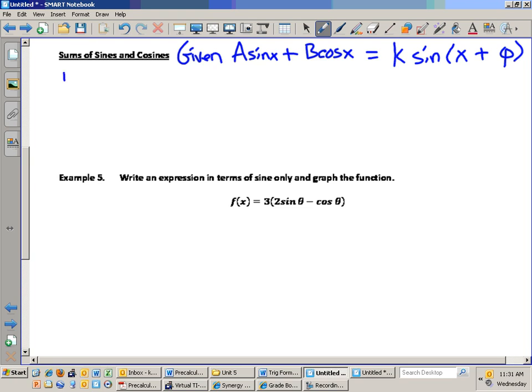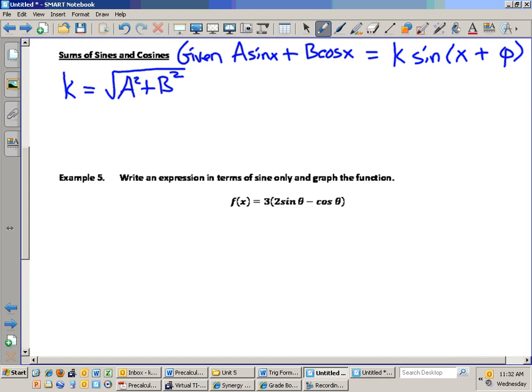Okay? Well, here's what we know. K is equal to the square root of a squared plus b squared. Nope, can't square root parts. If it was multiplication, you could do that, but it's addition, so we can't do that. So that's the first thing that you need to know.